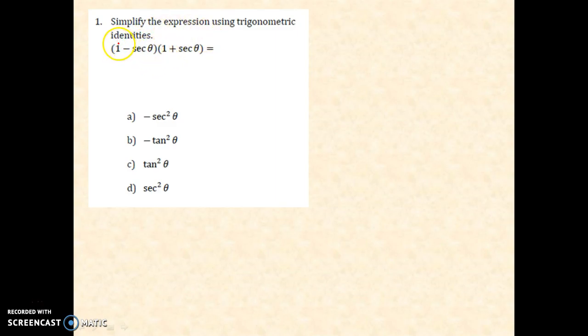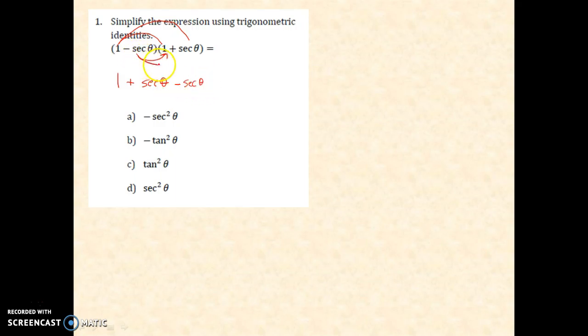See what I get. 1 times 1 is 1. 1 times secant theta is secant theta. Then negative secant theta times 1 is negative secant theta.